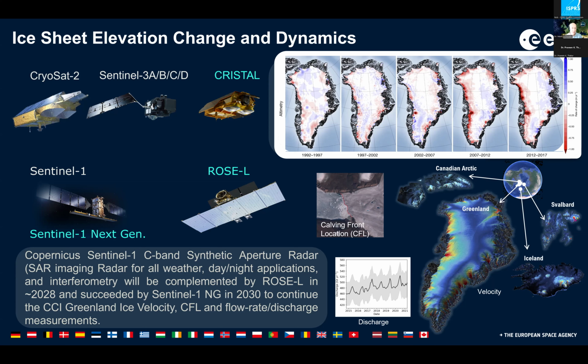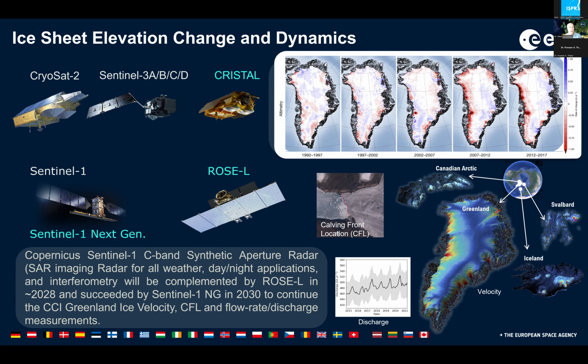We map the calving front location changes over time, and we can turn using various methods the velocities into ice stream discharge, and there we can plot the time series discharge for all of the glacier basins in Greenland. Now this allows us within the climate change initiative to provide contiguous products of each of these parameters, and I'll show you some examples now.